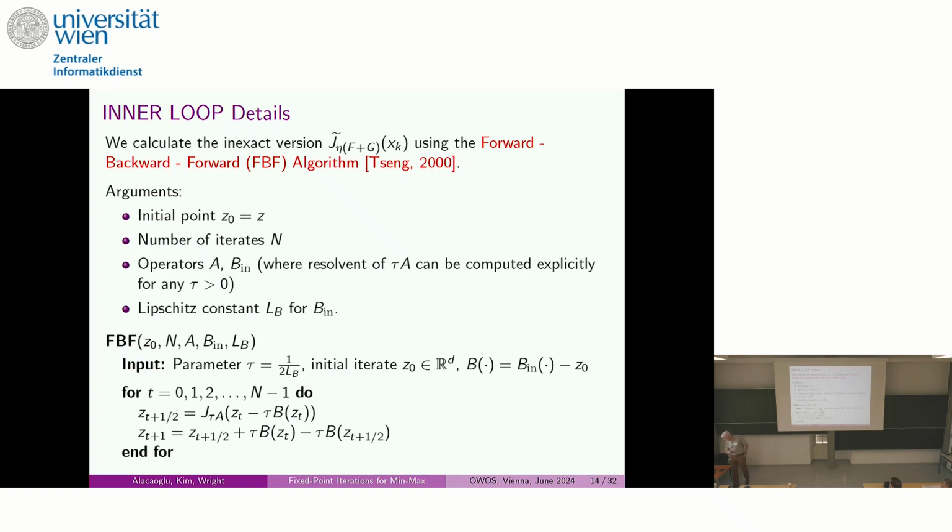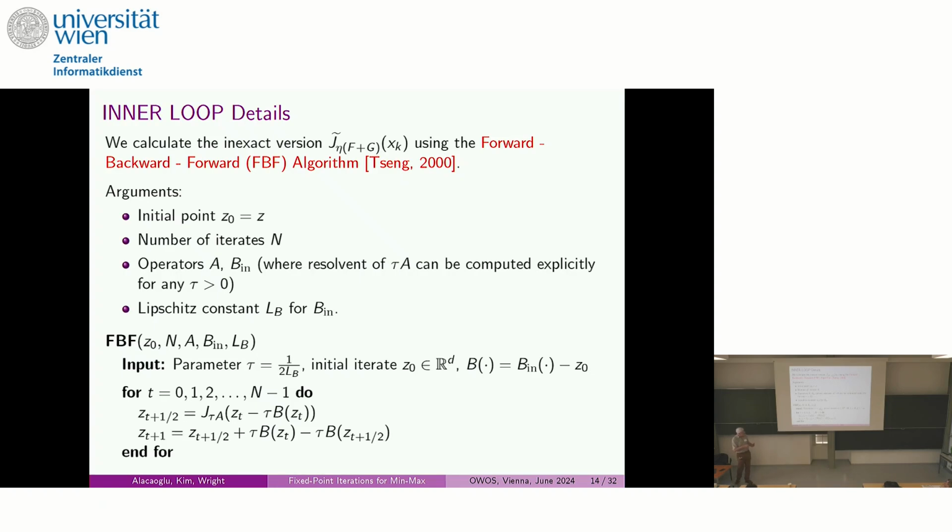So here are the details of the inner loop. As I said, this is a tribute to our friend Paul, this forward-backward-forward algorithm, and I won't go into the details of this, but basically we use it as a subroutine where we plug in two operators, A and B. In fact, it's called Bn for sort of complicated reasons. The B is the one we can apply explicitly, and the A is something like the set inclusion.